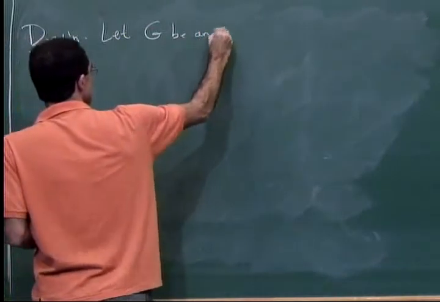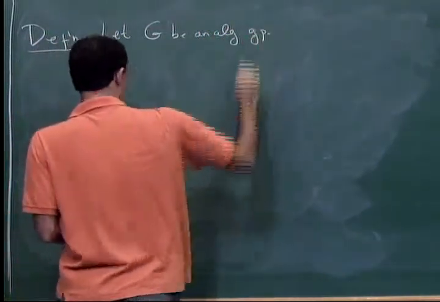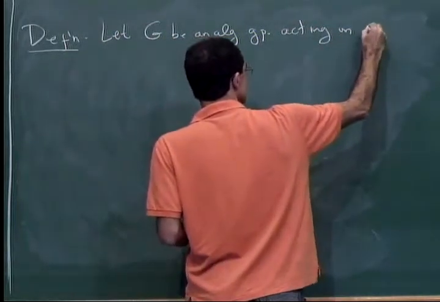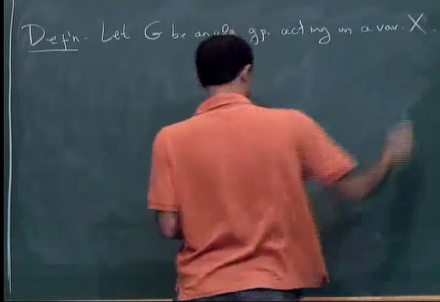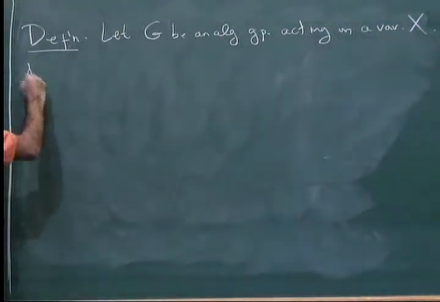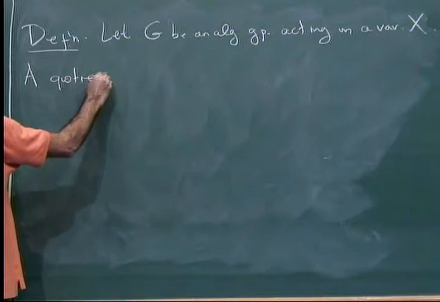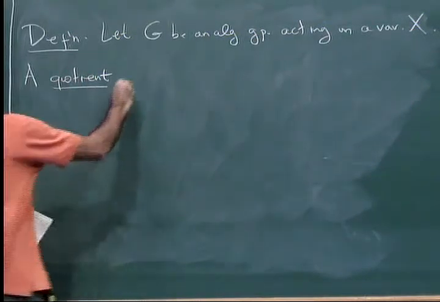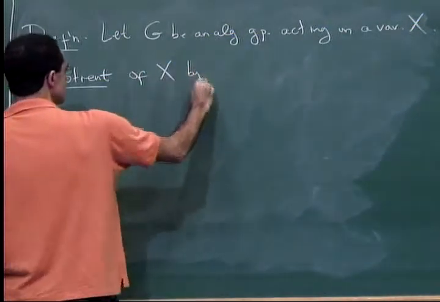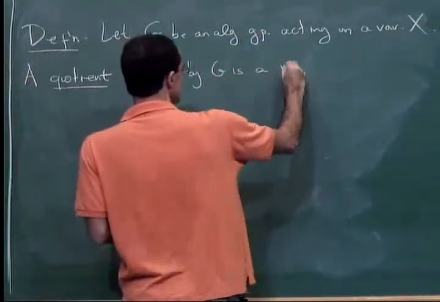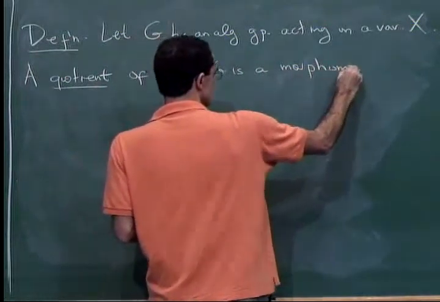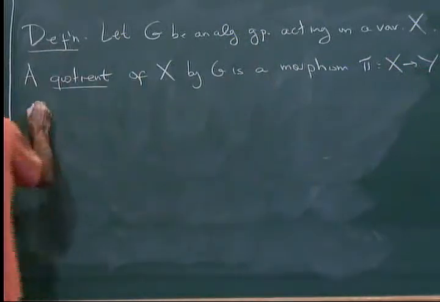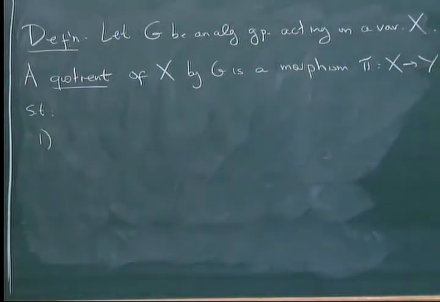So let G be an algebraic group acting on a variety X. Then we say that a quotient, and that's the categorical notion of a quotient of X by G, is a morphism pi from X to Y, such that the following two conditions hold.